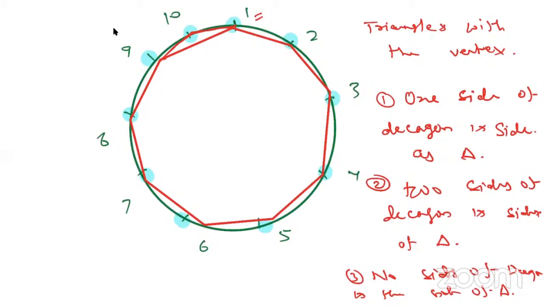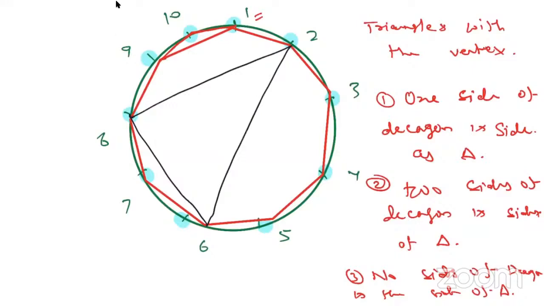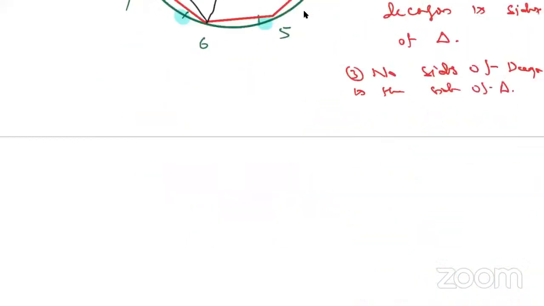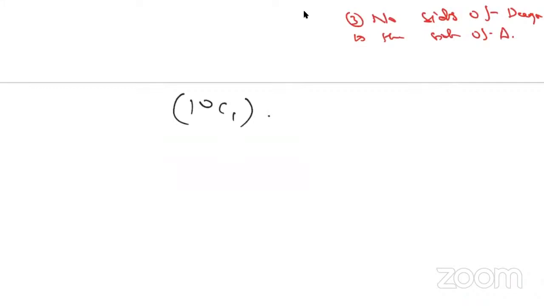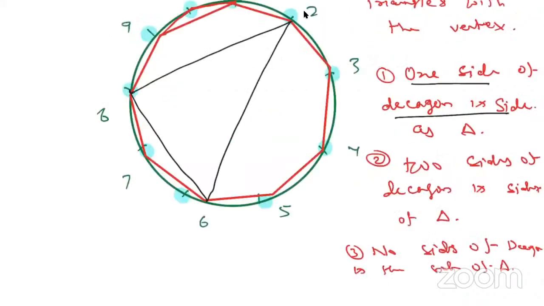So if we are saying that triangle with the vertex we have to form, so like the triangle, if I'm forming this triangle, so obviously no side of the decagon is a side of triangle, right? First case, when one side of the decagon is the side of triangle, right? We have 10 sides. So if I'm selecting any one side by 10C1 ways, see if I'm selecting this one, right?